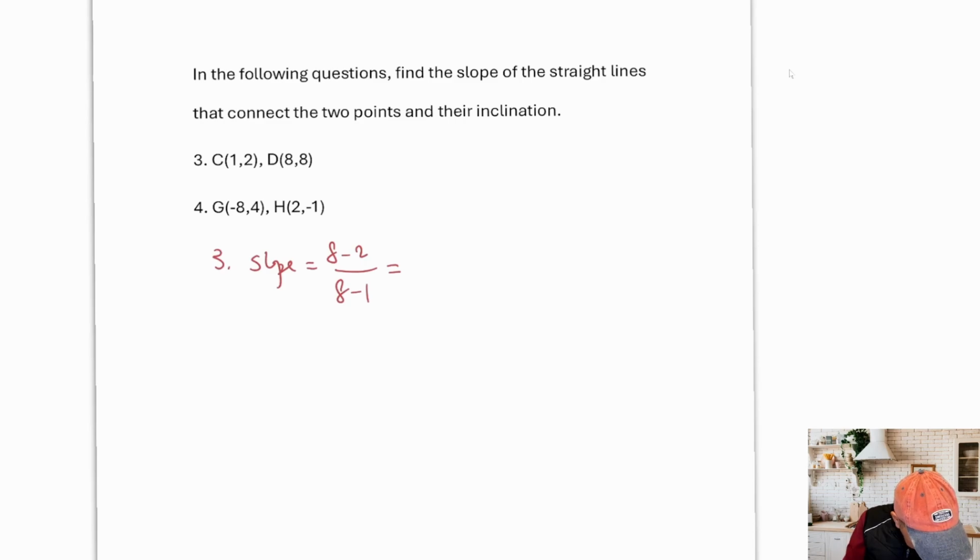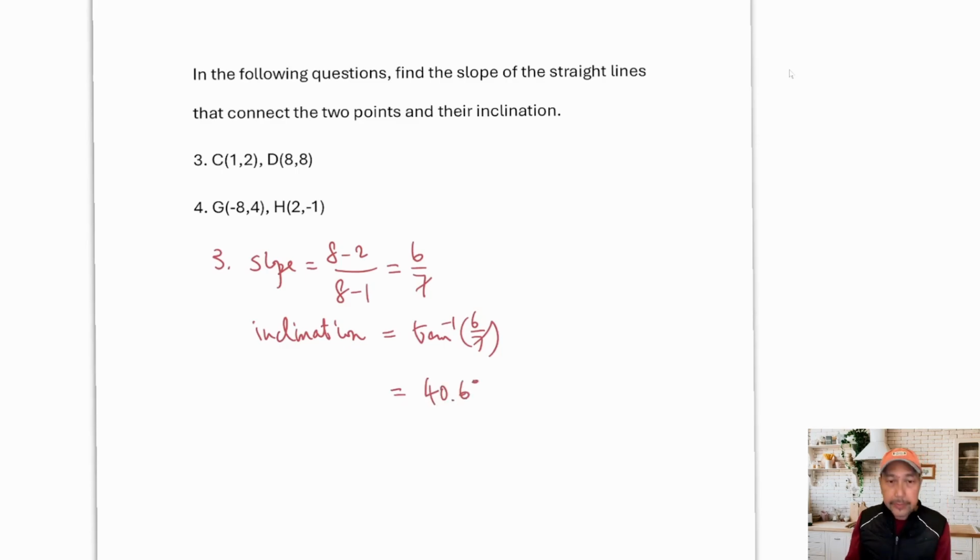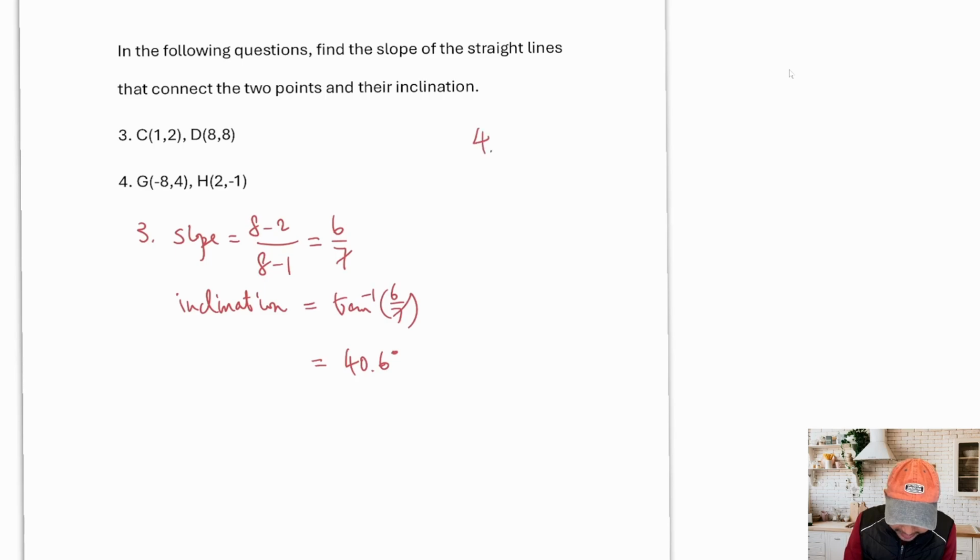So that is 6 over 7. To find the inclination, we can use arctangent 6 over 7. The answer is 40.6 degrees.